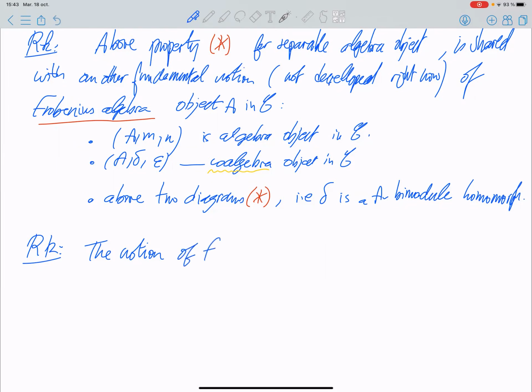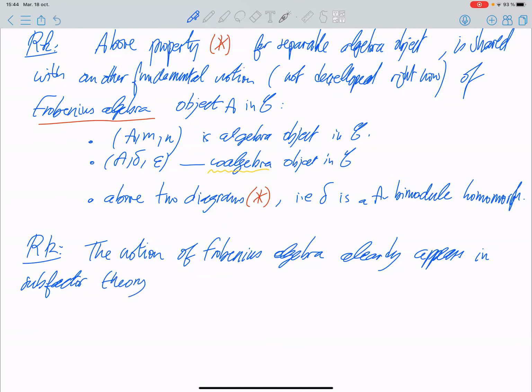The notion of Frobenius algebra already appears in subfactor theory, where it is called Q system. And it's a notion due to Roberto Longo.